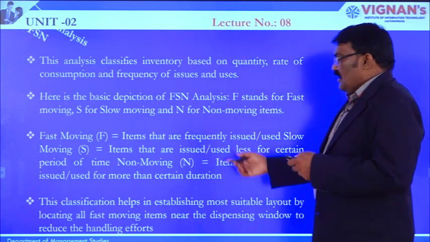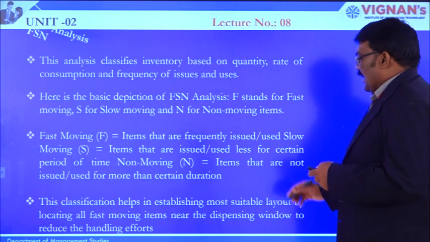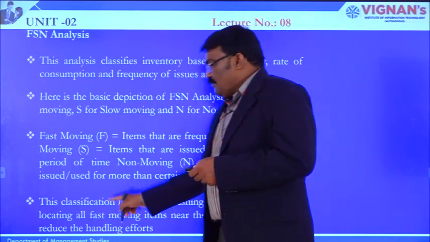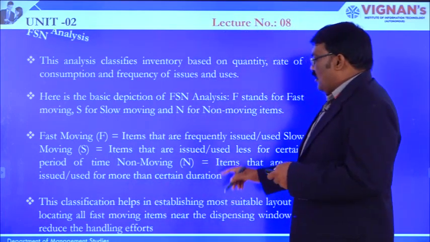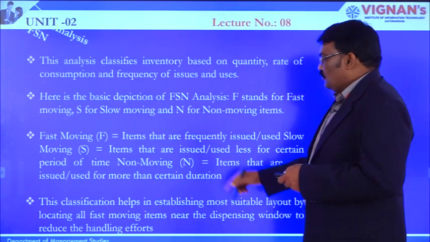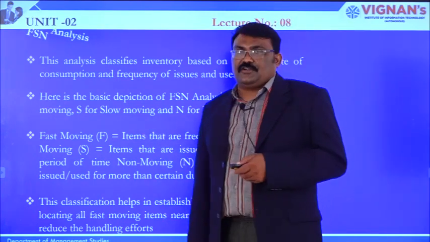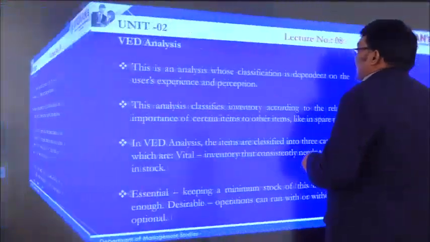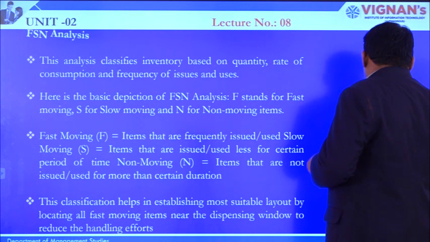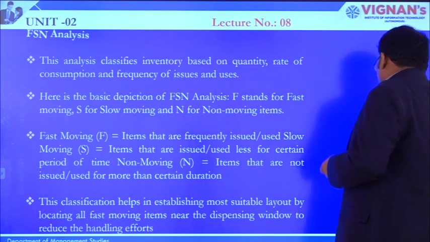Now, this classification helps in establishing the most suitable layout by locating all fast moving items near the dispensing window to reduce the handling efforts. So, you can see the diagram, how it happens to be, right.